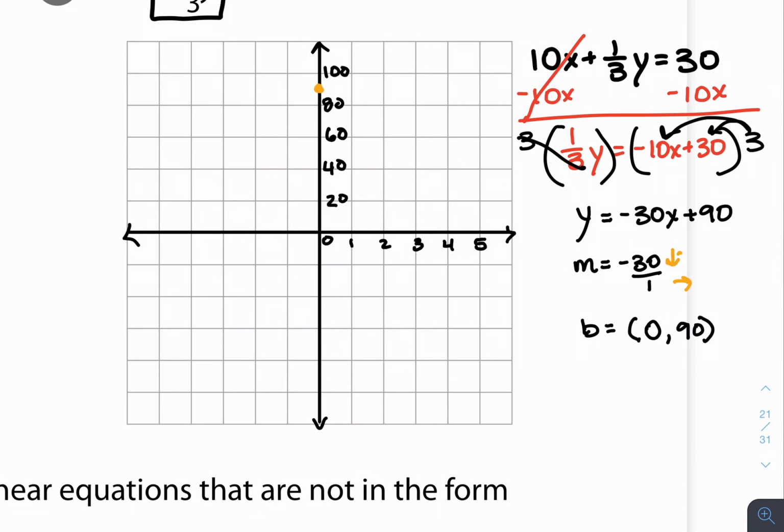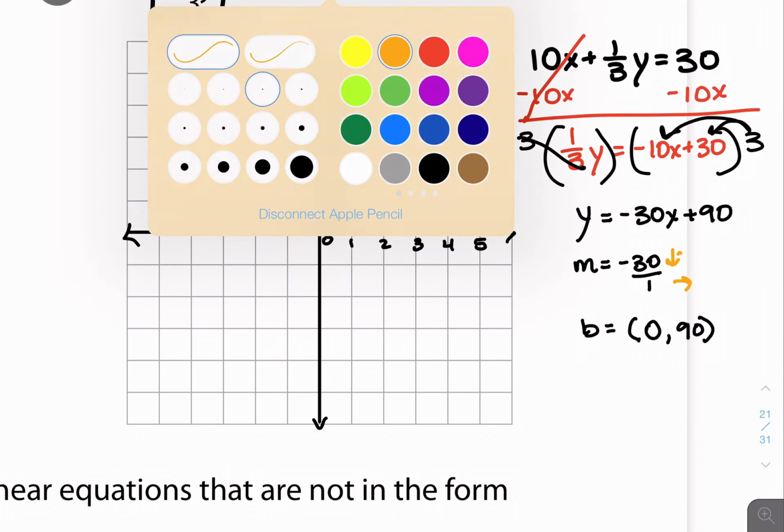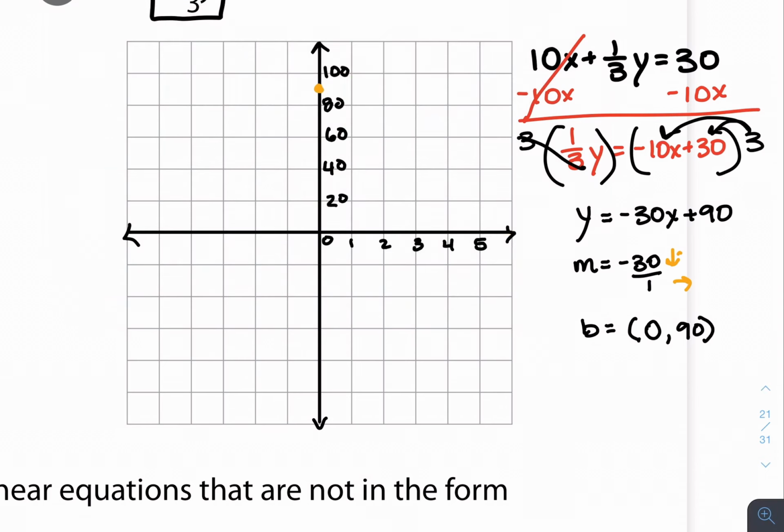Alright, so if I'm at 90 and I go down 30, that puts me at 60. So that's 10, 20, 30. And over 1 would bring me here. If I'm at 60 and I go down 30, that would bring me to 30. And over 1 would bring me right here.